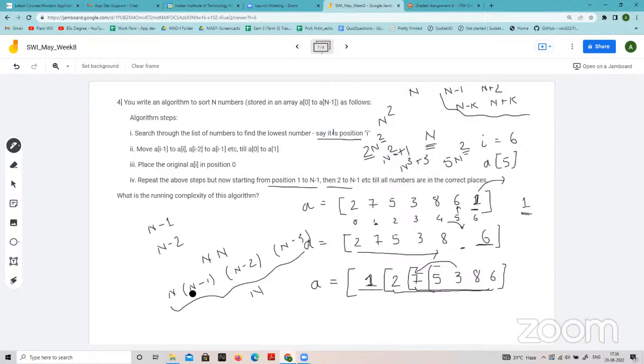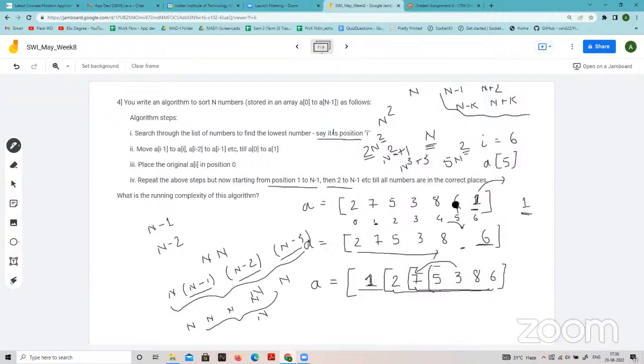So all these are quadratic. Now if you understood this, you will see that n minus 1 is also n, n minus 2 is also n, n minus 3 is also n. So I'm doing n operations n times, right? For every time my list is getting reduced, I will have to do it till I get the entire sorted list, right?